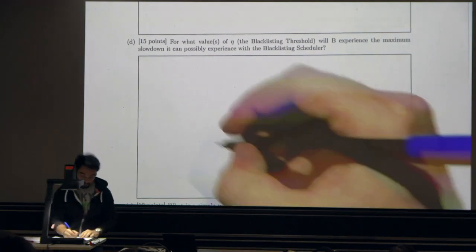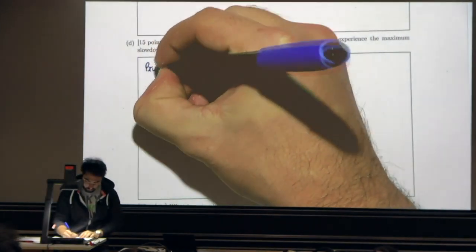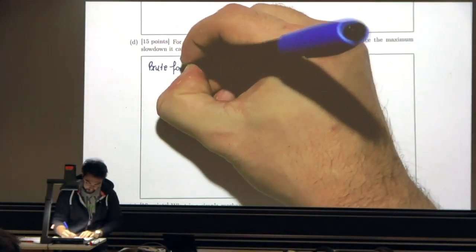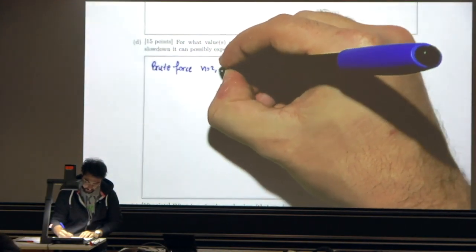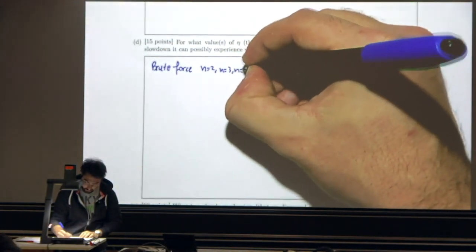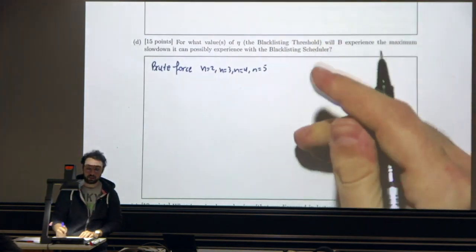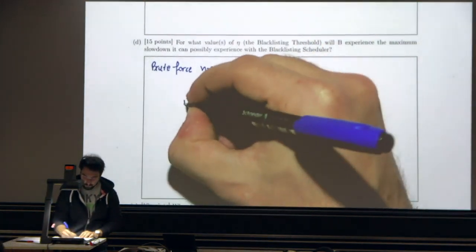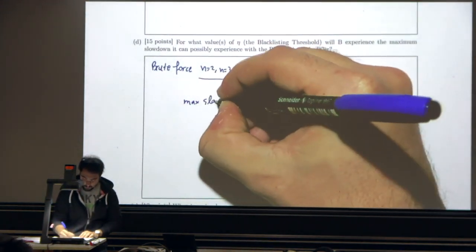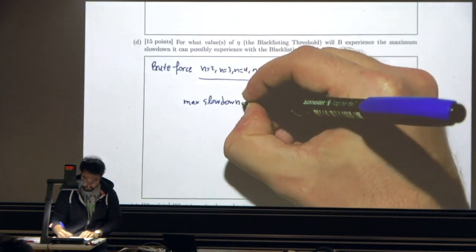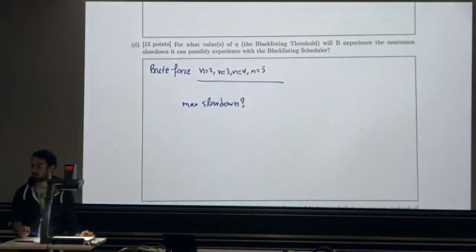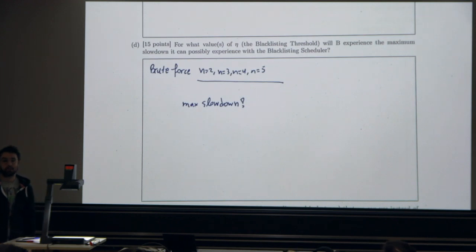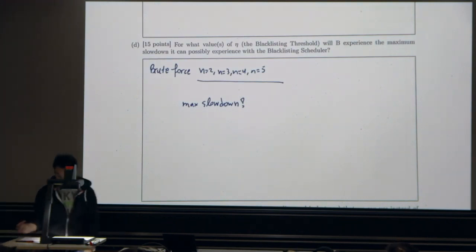So you need to brute force n equals 2, n equals 3, n equals 4, and n equals 5 to see which of these numbers give the maximum slowdown. Is this clear to everyone? So in this case, it's n equals 5.